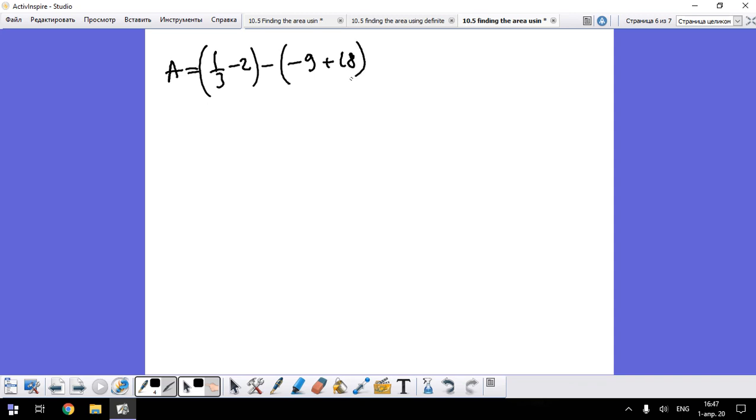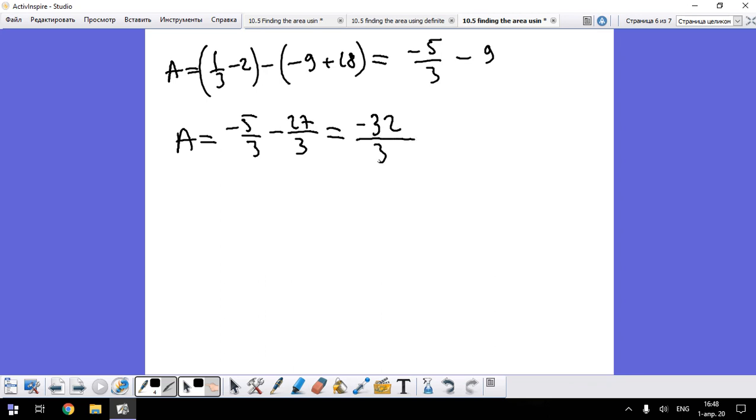Let's continue: there is minus 5 divided by 3 and minus 9. That is, with equal denominators, our answer is minus 5 divided by 3 minus 27 divided by 3, and the answer must be minus 32 divided by 3.